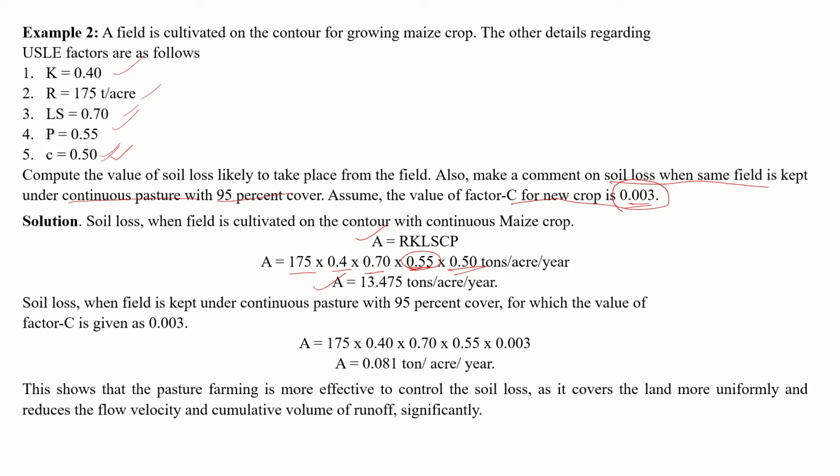Now the C factor has been changed from 0.50 to 0.003. The remaining parameters are the same: 175, 0.40, 0.70, and P is 0.05. So what happened? The erosion has changed drastically. It shows that the C value plays a major role in soil erosion.